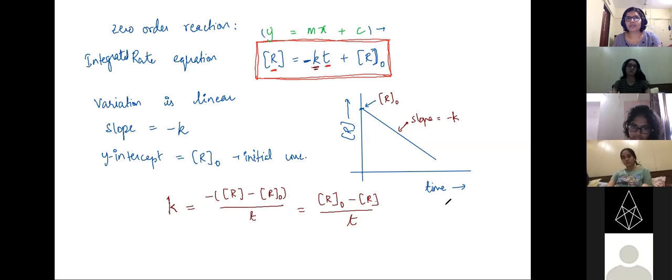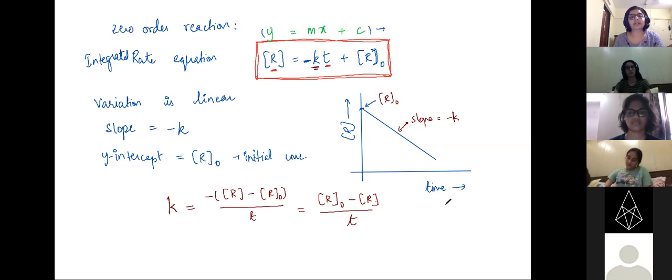Now, no matter how much reactant you put in, as long as that enzyme is completely occupied, it doesn't matter if you increase or decrease the concentration of reactants. It all depends on the availability of that enzyme. So that's why enzyme catalyzed reactions are zero order reactions.